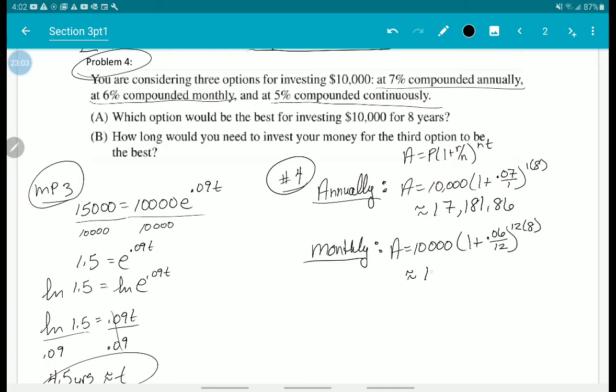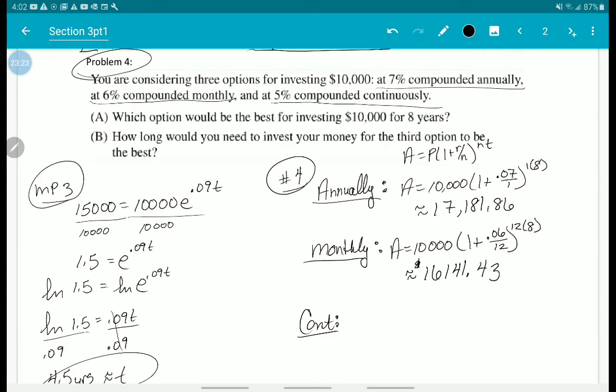So I've got $16,141.43. So as of right now, that's not better than the annual amount. It's actually less.